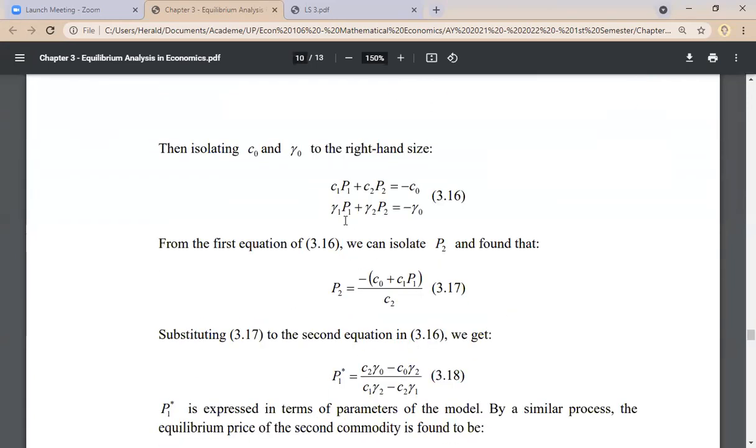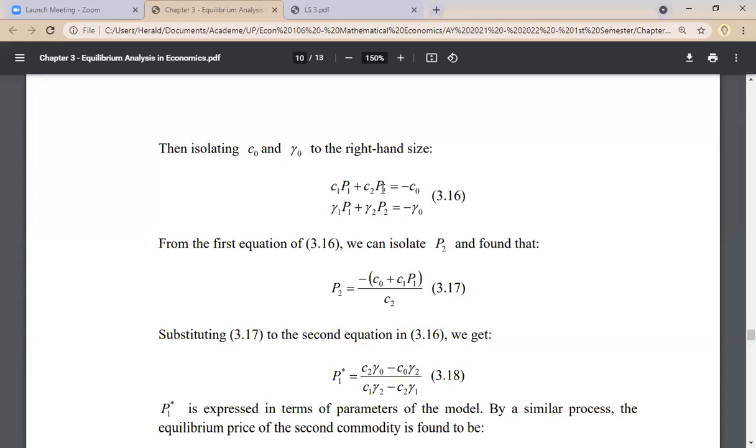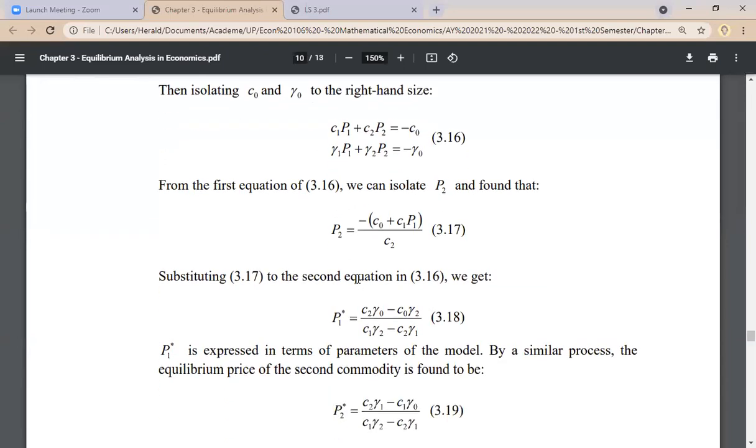Then after which you can isolate both of the symbols, and by isolating, you'll arrive with this equation here. The next thing to do is to isolate P2, because you would be substituting P2 into the second equation.